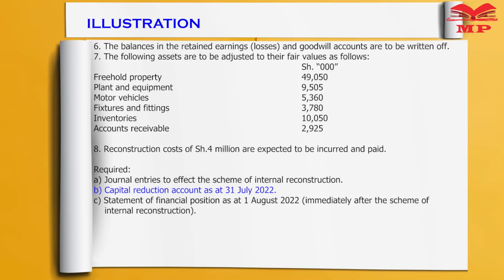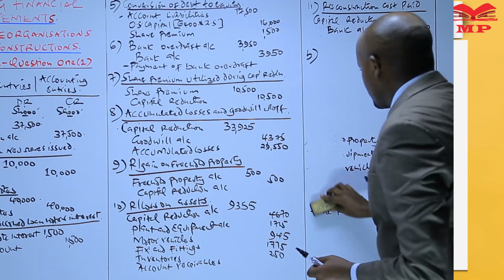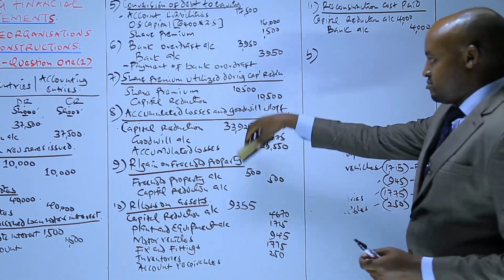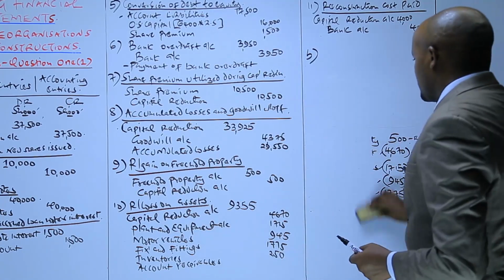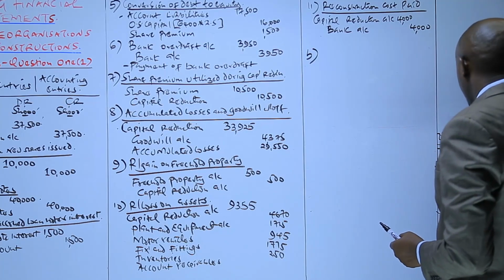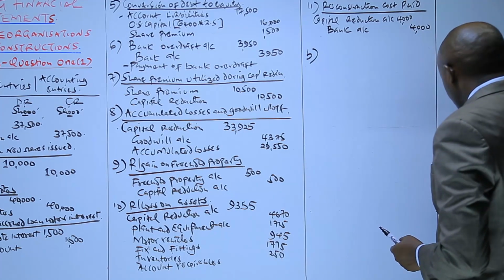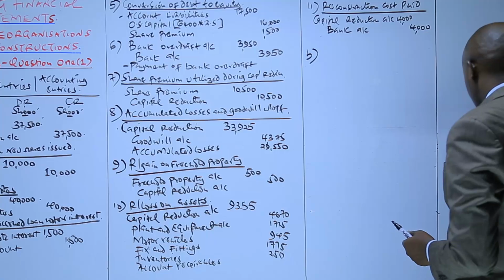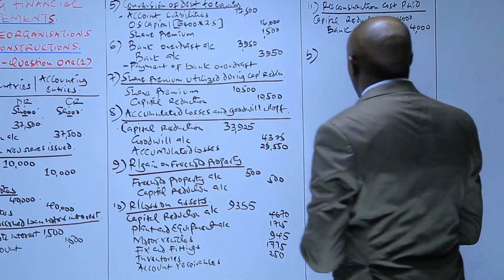From there, what we need to do next is move to part B of that question, whereby the examiner was requiring that we prepare the capital reduction account. We prepare it from what we have done in part A, because we just need to check the journal entries which are affecting the capital reduction account, and we post them to that account.